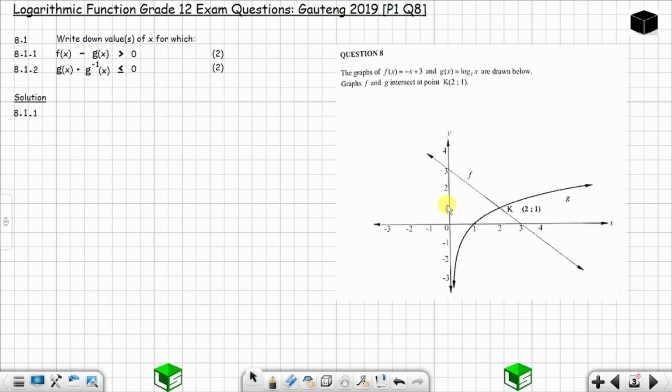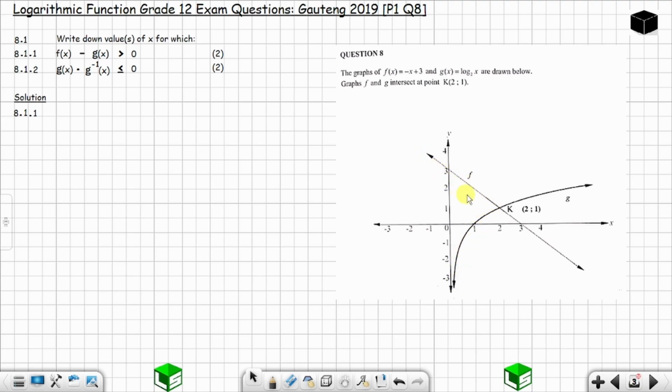You can see when you compare the 2 graphs, f is only above g only on this interval from 0 to 2. From 0 to 2, f is above g, right?